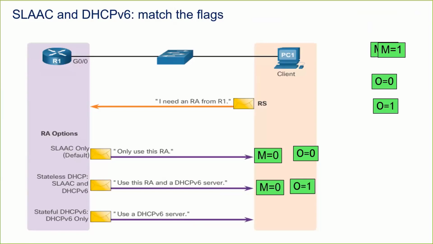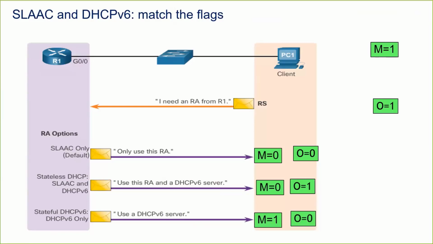And lastly, stateful DHCP. I'm just straight up running a DHCP server. My router is a router. My DHCP server is a DHCP server. Yeah, M is one, because the server is managing the IP address assignment. So yes, I don't need another device to do anything else because the server is doing everything.